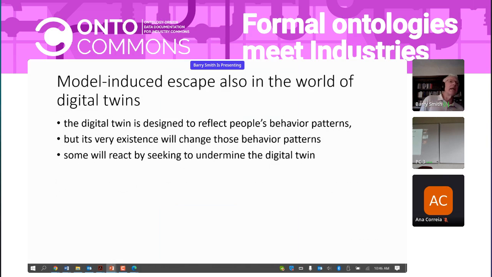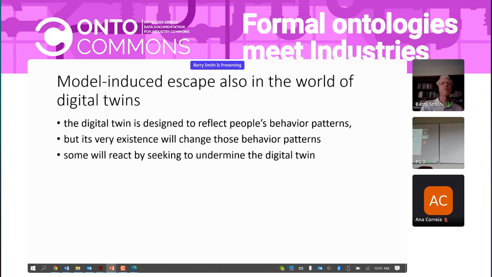So the idea is that the very existence of a digital twin operating in relation to people's behavior patterns will lead to changes in those behavior patterns. It will lead to a change in the system. There will now be a digital twin inside that system. And so the digital twin will no longer be accurate because the digital twin does not accommodate this new feature of the system, which it's supposed to be a model of, namely that the digital twin itself is part of the system.